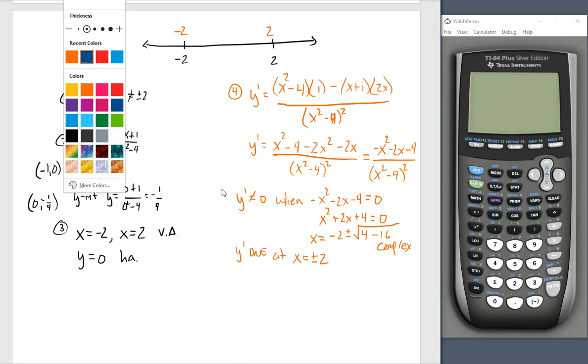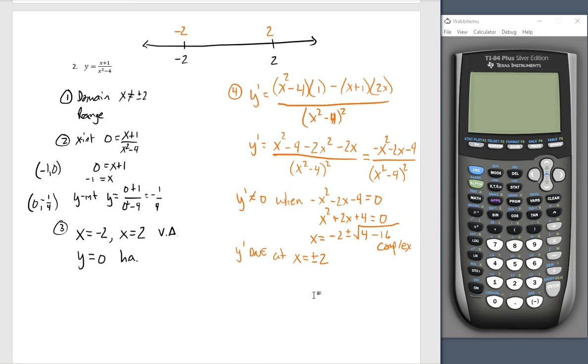While I'm at it, I want to find the second derivative. Derivative of the first. So we take low d high minus high d low.